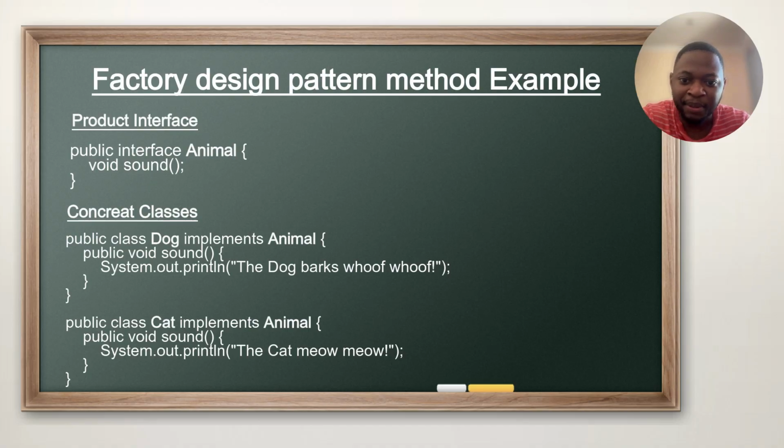So after implementing the interface, we are forced to have a functionality of a sound for the dog. And as you see here, we are printing out the dog barks woof woof whenever the sound method is invoked for the dog object, and for the cat object we say the cat meows.